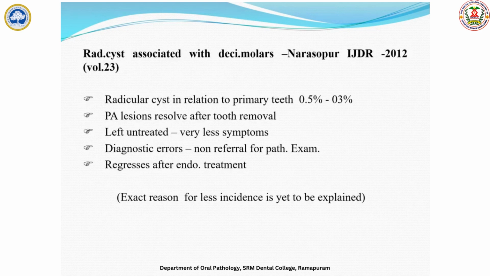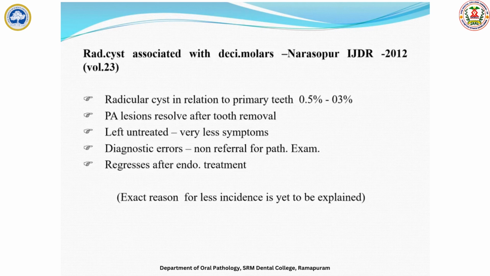Now, radicular cyst is most common in the permanent teeth when compared to the deciduous teeth. What are the reasons? Radicular cyst, of course, may occur in the primary teeth also, but in the case of primary teeth, most of the time steps are not taken to save the teeth.